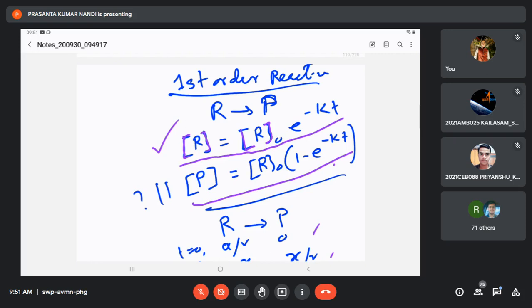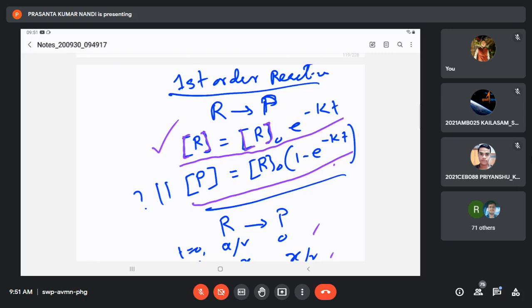And what should be its form? Is it the expression that I have written, that is, concentration of product equal to reactant concentration R0 into 1 minus e to the power minus kt? Can we write in this form?